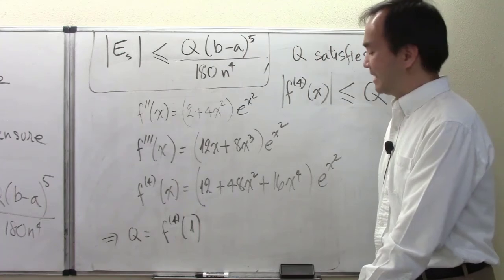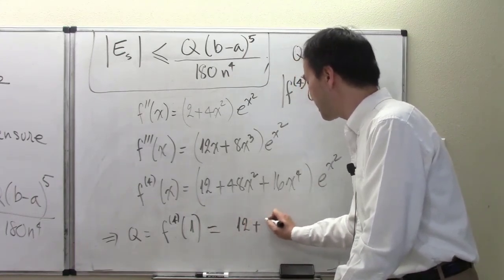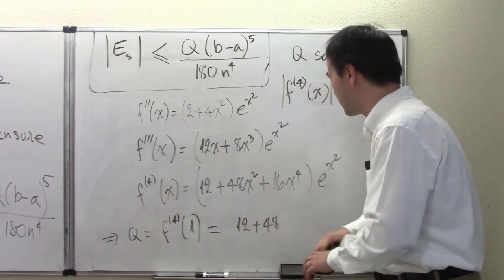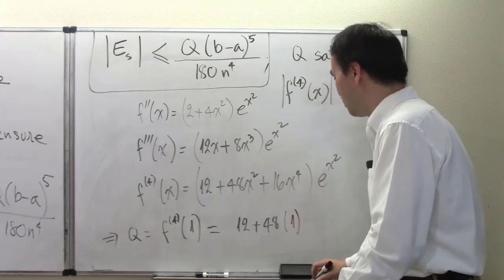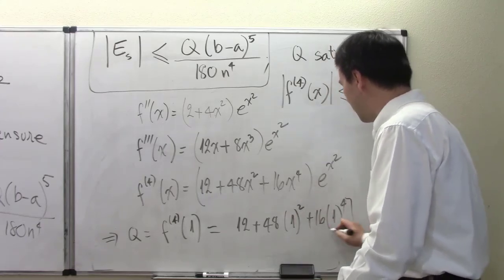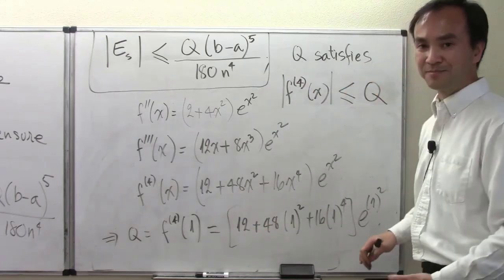So 12 plus 48 times 1 squared plus 16 times 1 to the fourth, all times e to the 1 power squared.